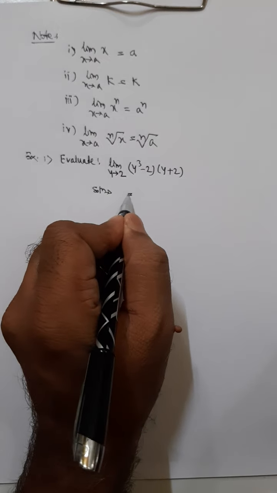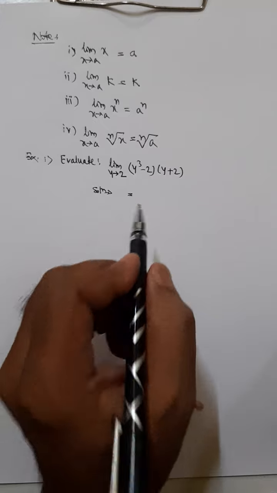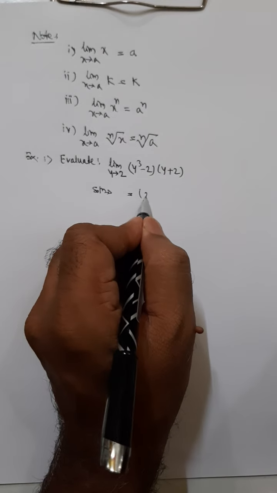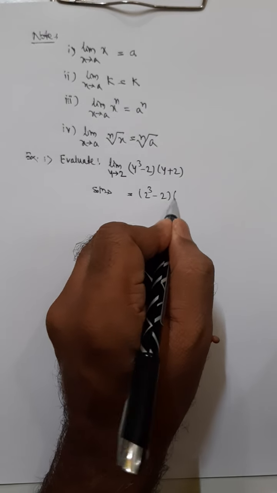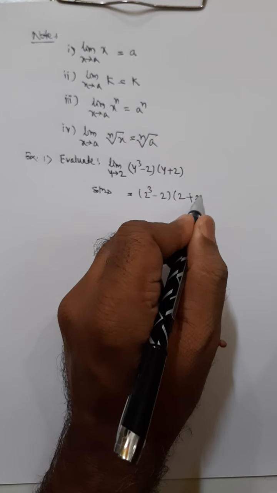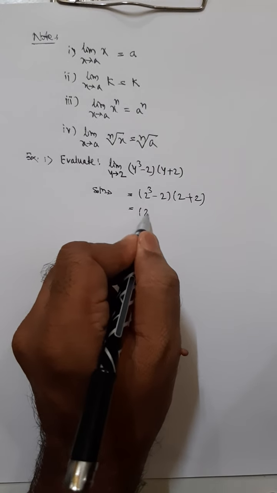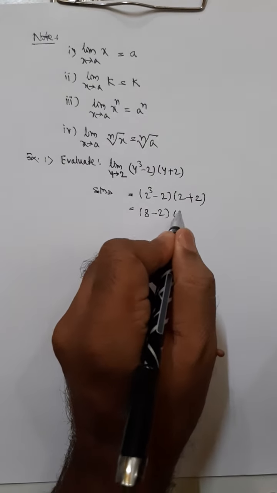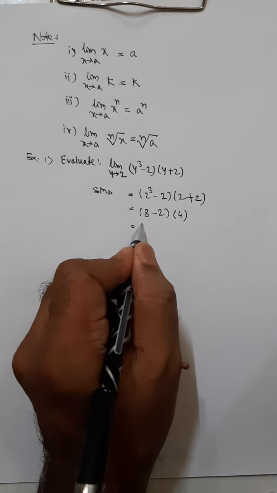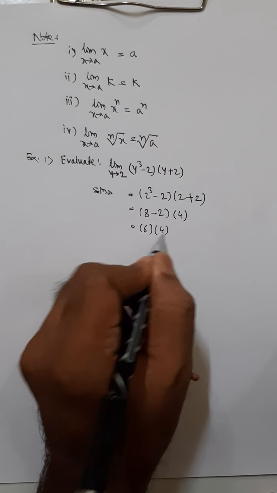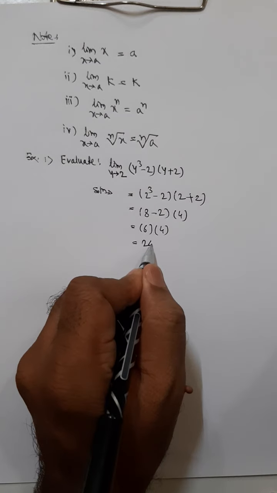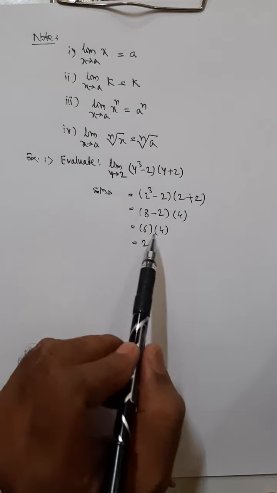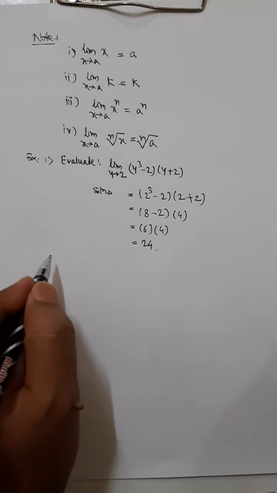That means simply we replace y by 2, put y equal to 2 here, so we get 2 cube minus 2 into 2 plus 2. So we get 8 minus 2, second bracket 2 plus 2 is 4, 8 minus 2 is 6 into 4, and we get 24 as the limit or solution of this problem.